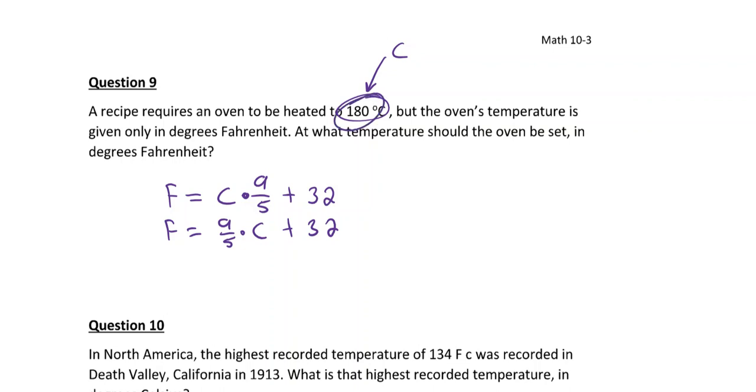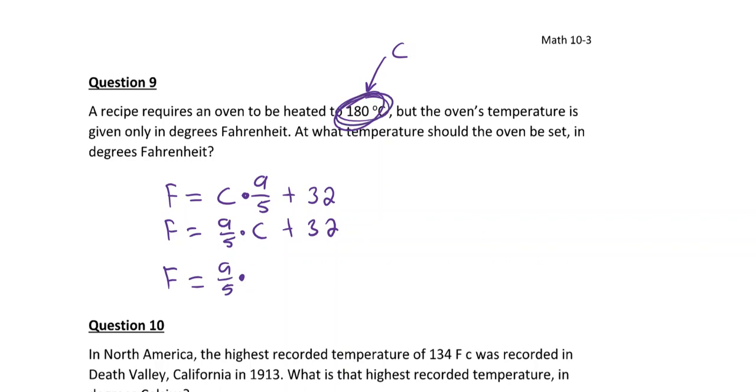So I'm going to put 180 in for C. That's my input, and I want to get an output. Anyone that's into coding, this is called a function. This is what we'd be doing. So the input: Fahrenheit is equal to 9 over 5 times, and then we're going to put in 180.